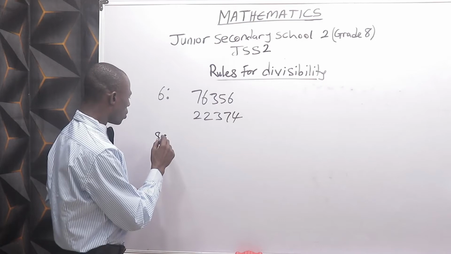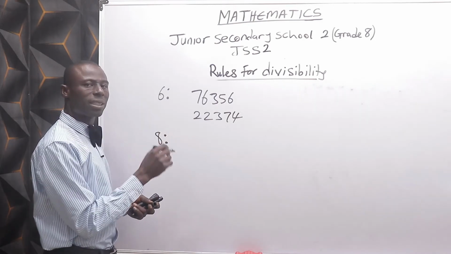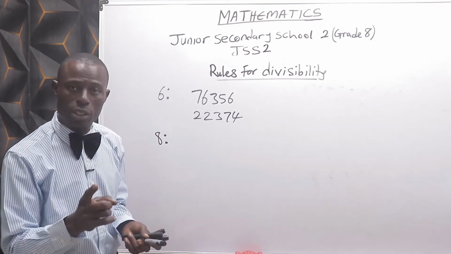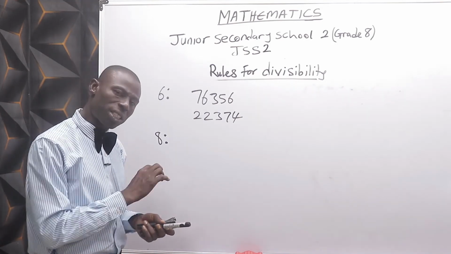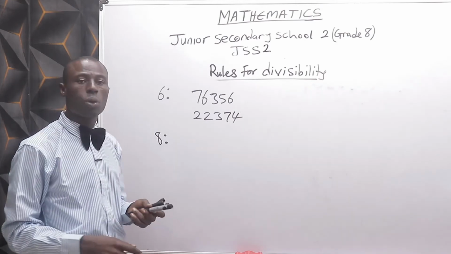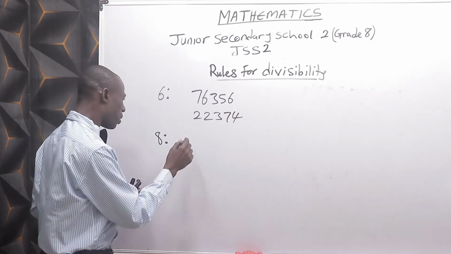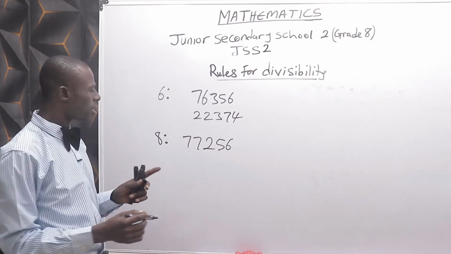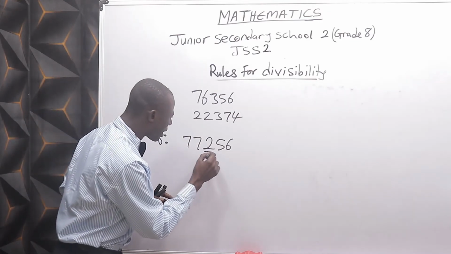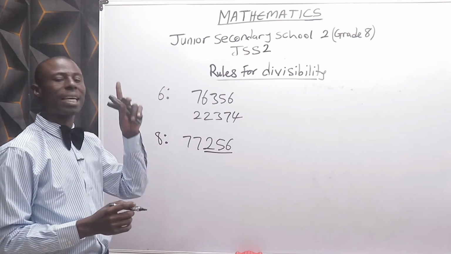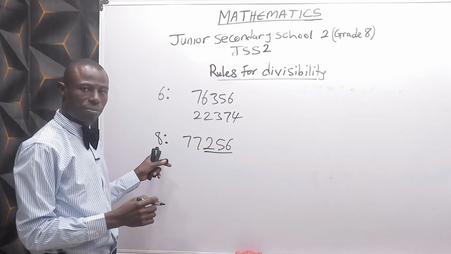So, for a number to be exactly divisible by 8, the last 3 digits of the number must form another number that is exactly divisible by 8. Take for instance, 77256. 256 forms a number that is exactly divisible by 8.